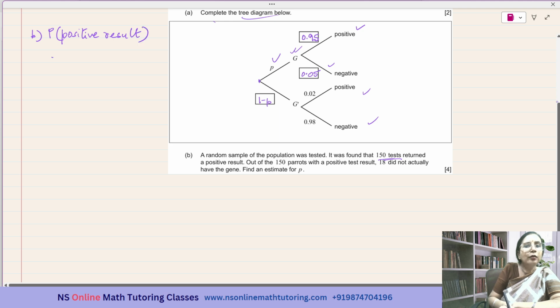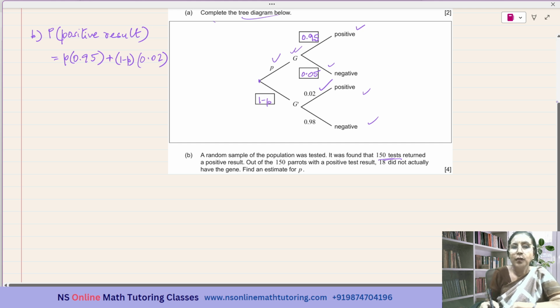This should be equal to P, and it can be a false positive or a true positive. True positive is P times 0.95, and false positive will be 1 minus P times 0.02.